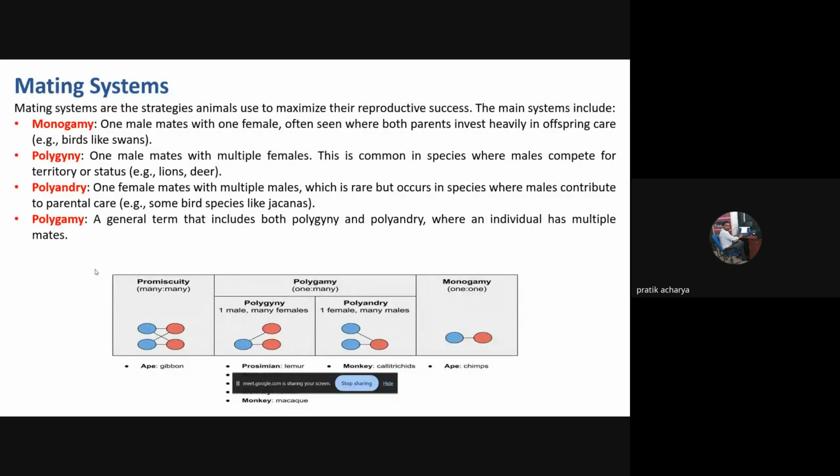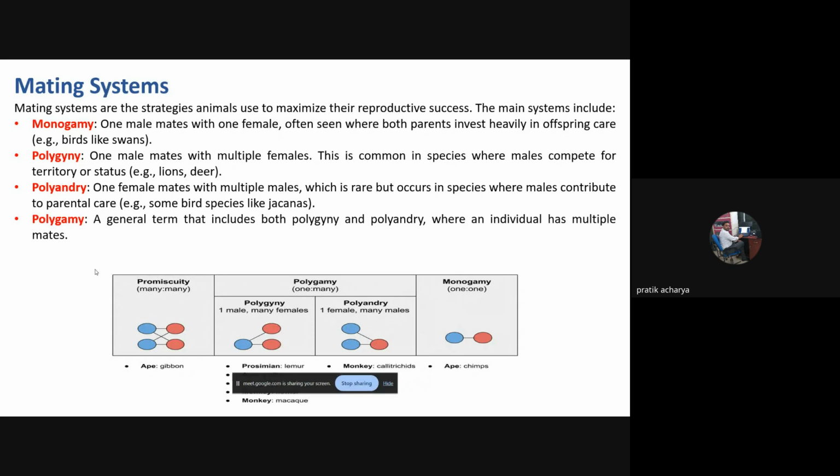This is common in species where males compete for territory or status. Mainly lions and deer show this kind of polygyny condition. In the polyandry condition, one female mates with multiple males, which is rare but occurs in species like certain birds. So this kind of condition is also a part of animal behavior.